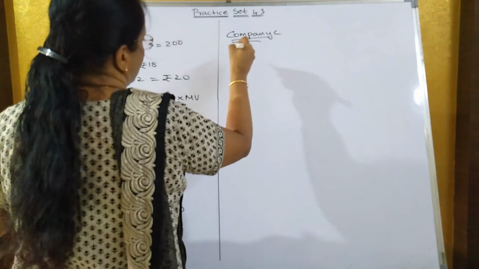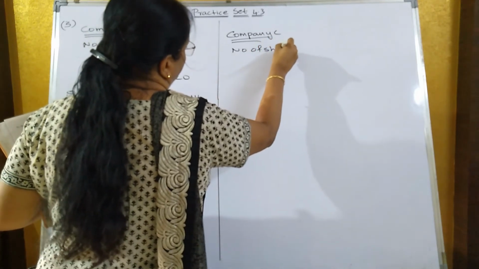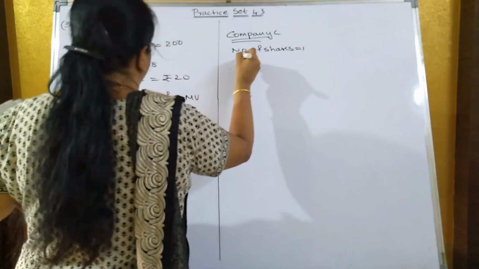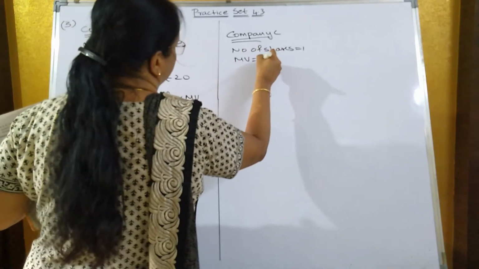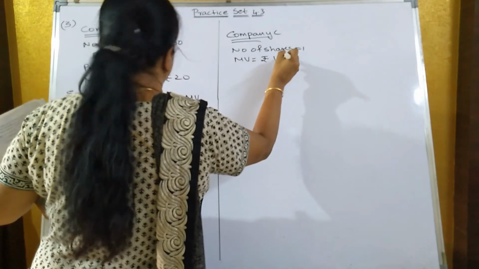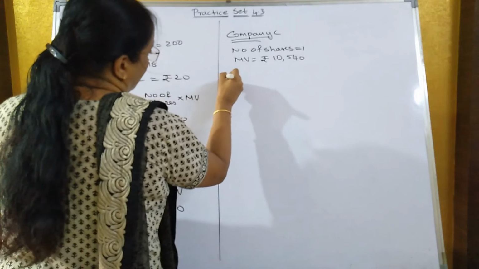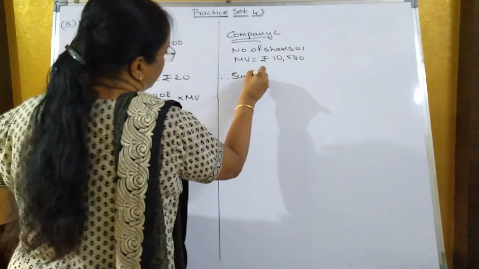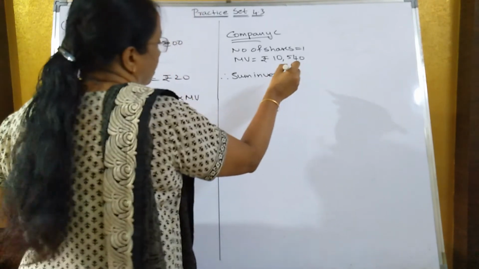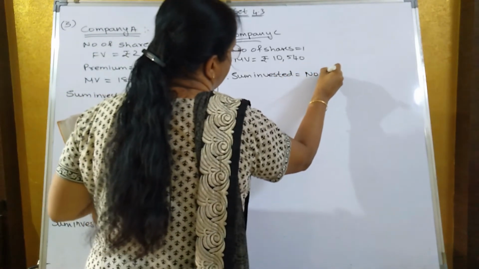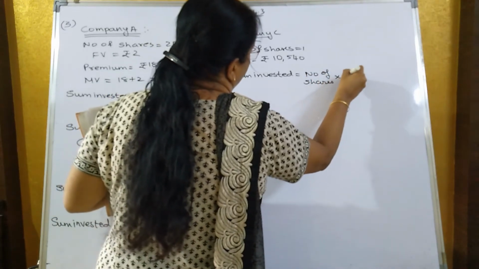Next, company C. Number of shares is 1. Market value is equal to rupees 10,540. Therefore, sum invested is equal to number of shares into market value.